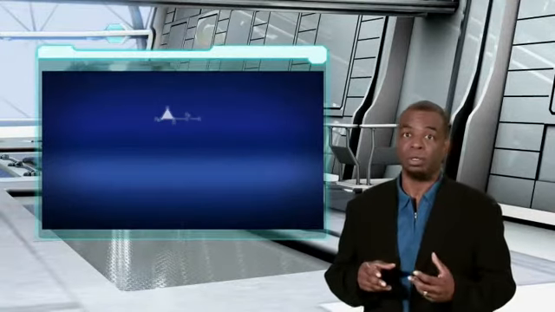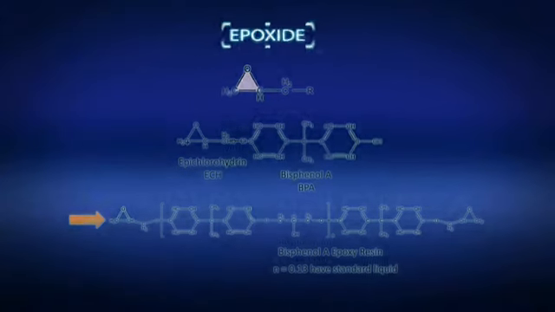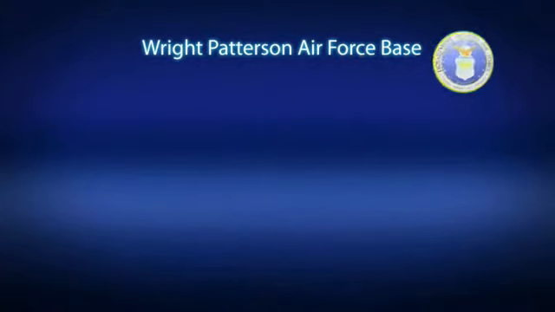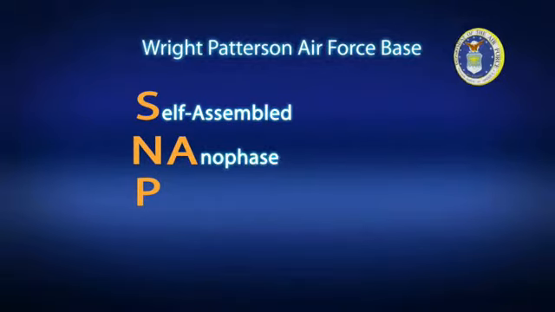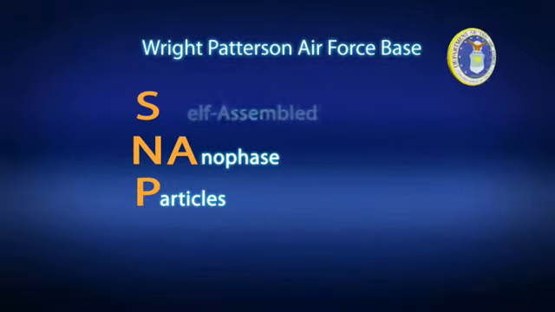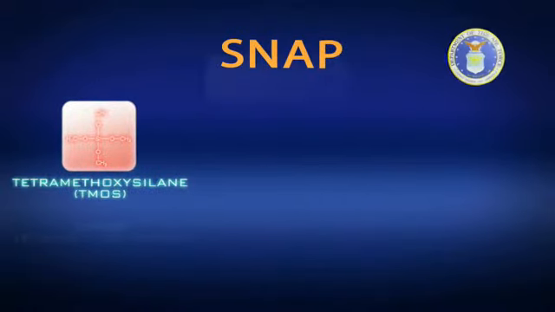Inorganic and organic hybrids have to do with sol-gel chemistry similar to the silicate matrix. In this case, the continuous matrix is an organic polymer, such as epoxide or polyurea. Using this approach, Wright-Patterson Air Force Base developed SNAP technology, which is an acronym for self-assembled nanophase particles. SNAP is an environmentally benign alternative for aircraft corrosion protection.